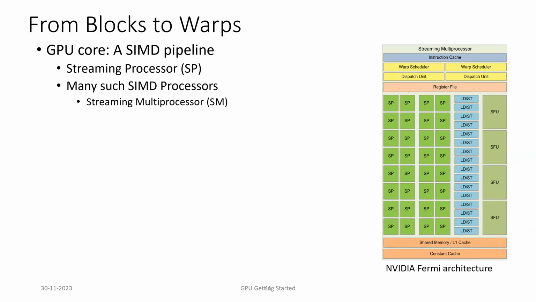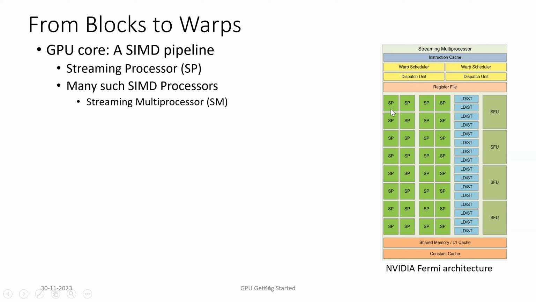So this is how a typical streaming multiprocessor would look like. This entire box is a streaming multiprocessor. It has a dedicated instruction cache. It has a warp scheduler. It has a dispatch unit that will dispatch the instructions whenever the particular functional units are ready. Then it has a common register file.